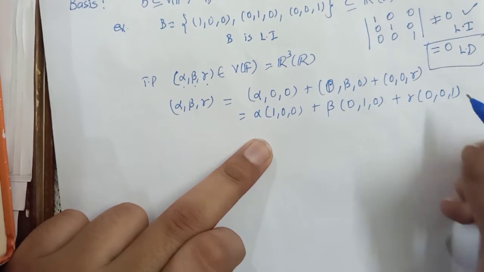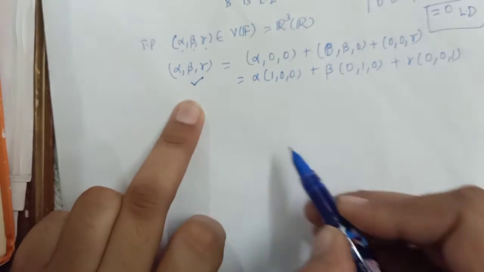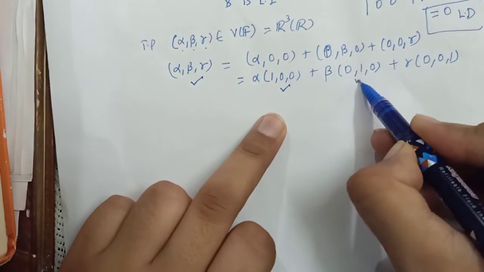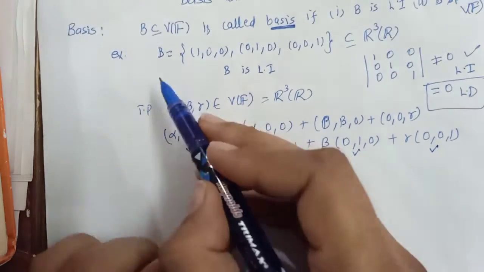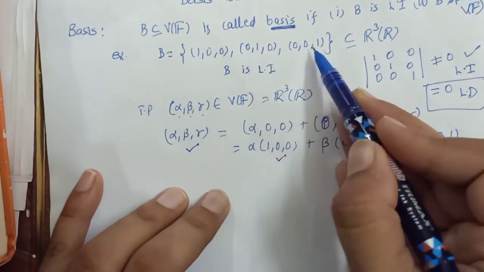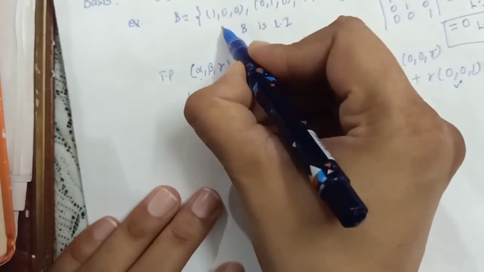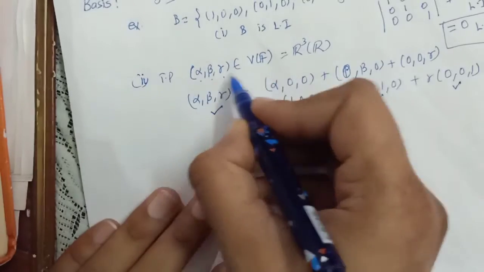So what I have done, I have written a general element (alpha, beta, gamma) as linear combination of these three vectors. What are these three vectors? These three vectors are the elements of set B. So both the conditions are okay. First condition was okay, B is linearly independent. Second condition is okay.